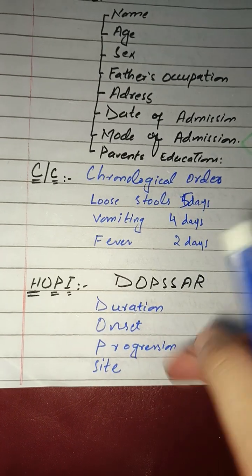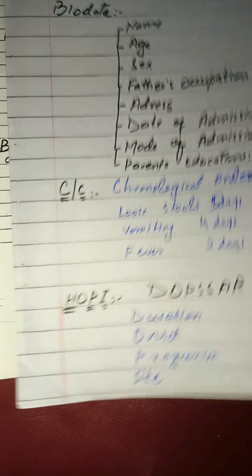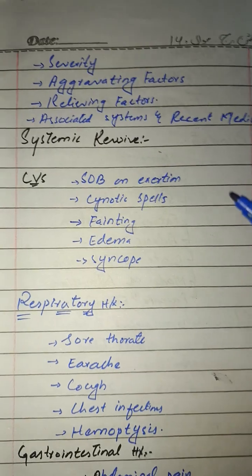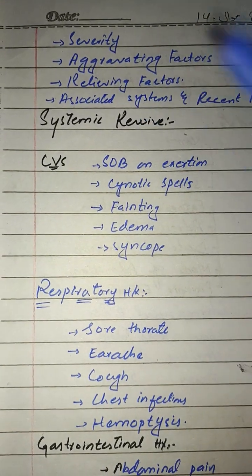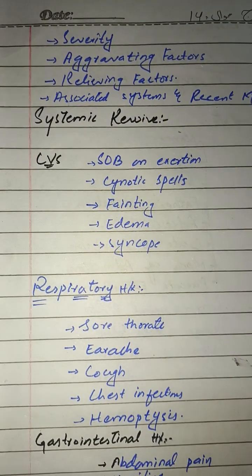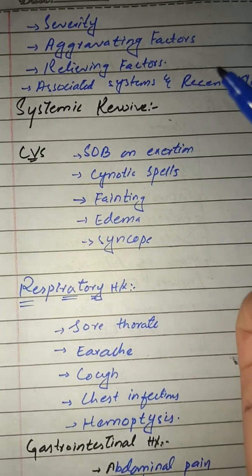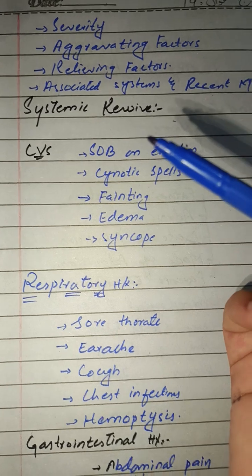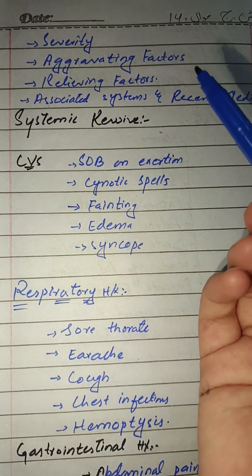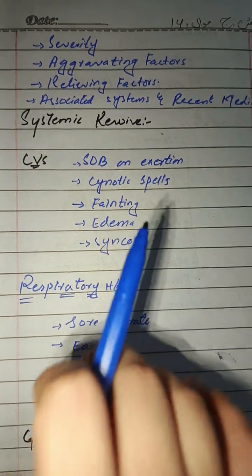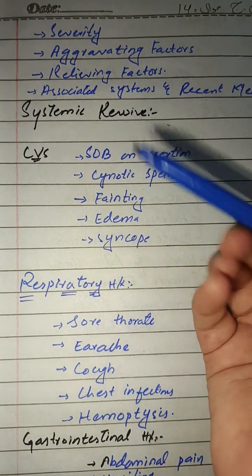Then we will ask about the site involved. Then we will ask about the severity, either the severity is more at night, during daytime, during activities, or even at rest. Then we will ask about the aggravating factors, the relieving factors and the associated symptoms. Suppose the chief complaint of my patient is loose stool.